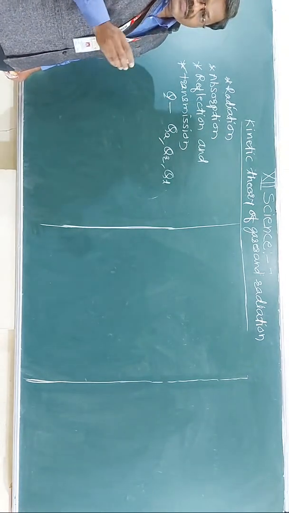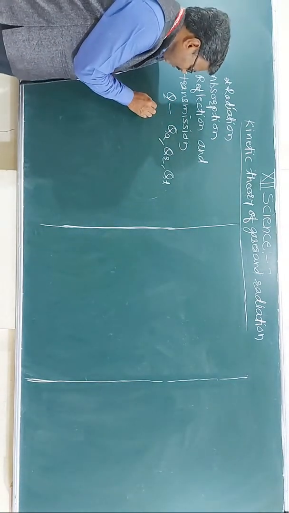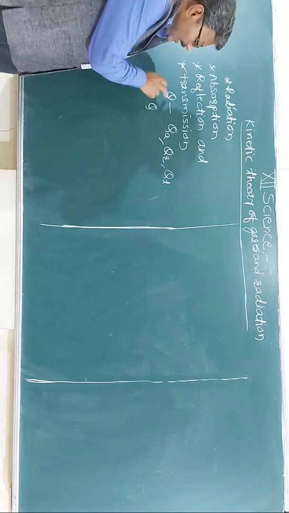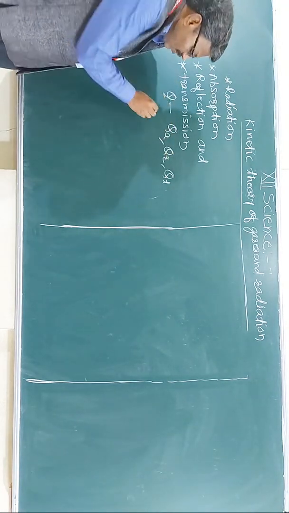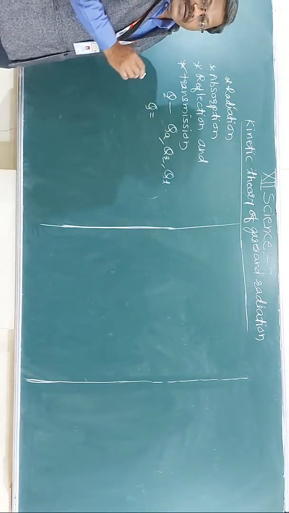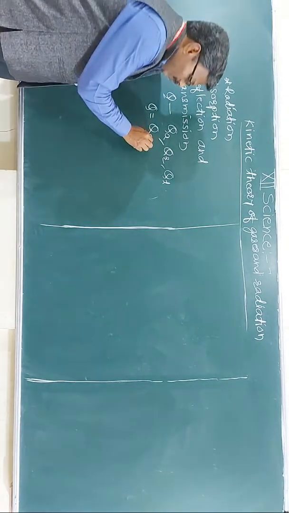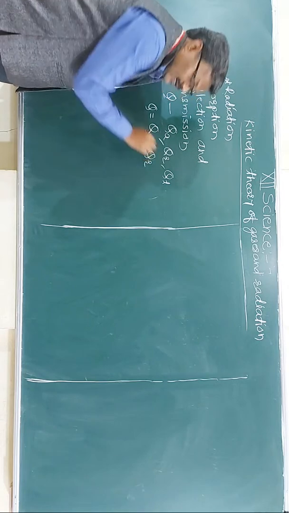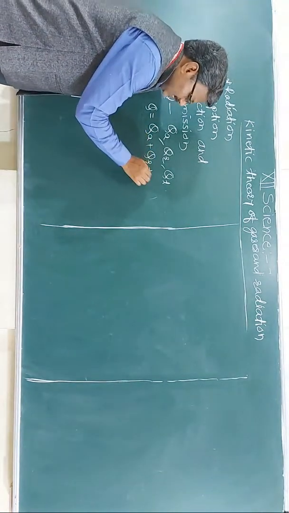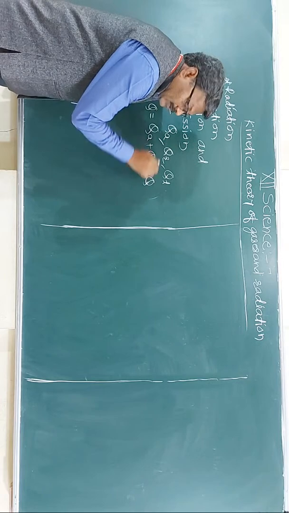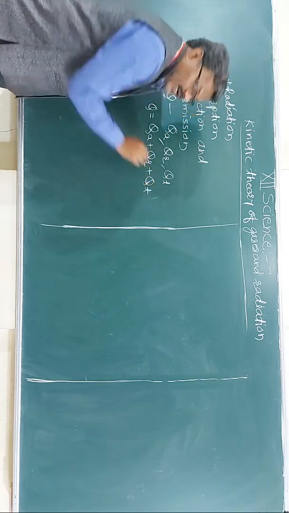energy, energy remains constant. Therefore, the total radiant energy incident on the body is equal to the energy absorbed by the body plus the energy reflected by the body plus the heat transmitted by the body.